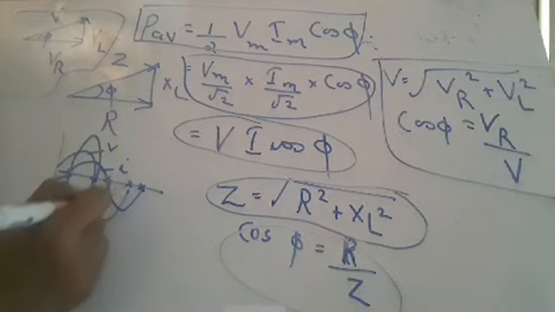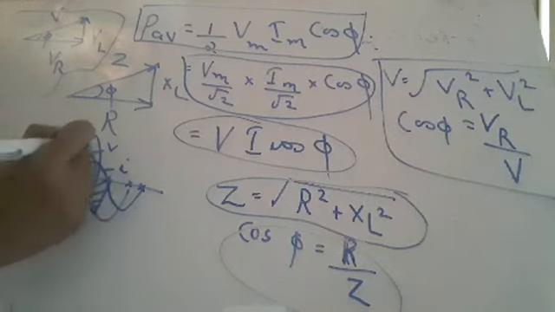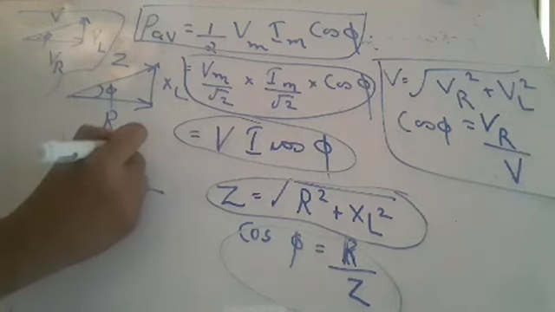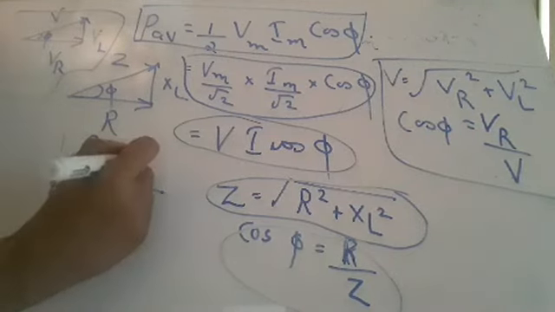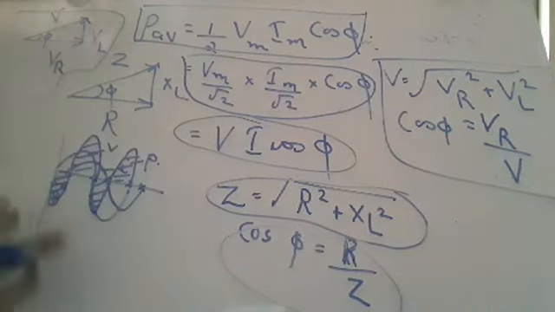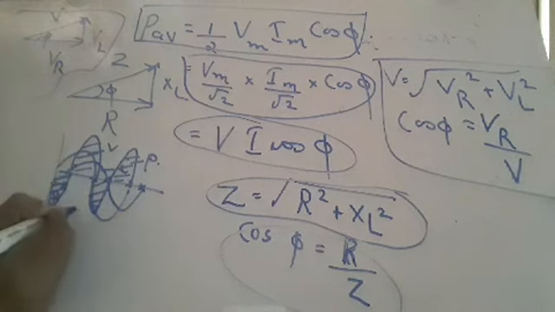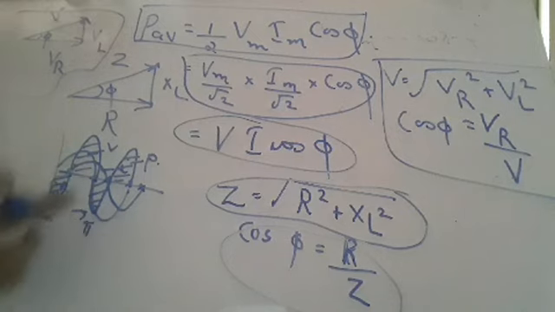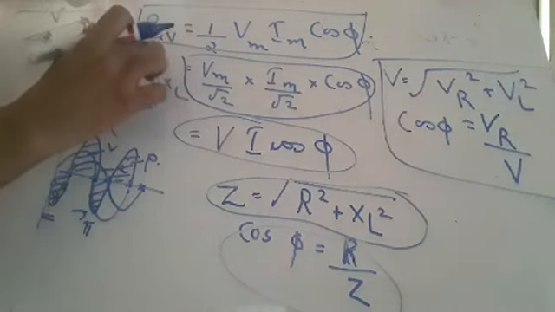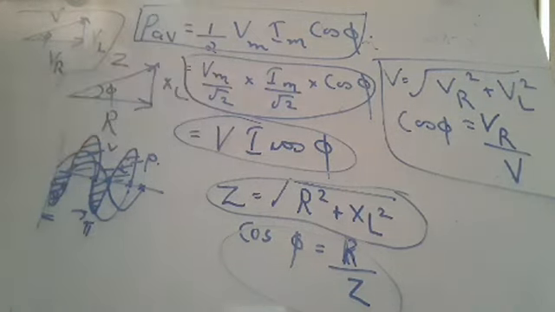Third section again downwards. This is instantaneous power, so we have to integrate it over the interval from 0 to pi. That is why we have got the average power as half into Vm Im cos phi.